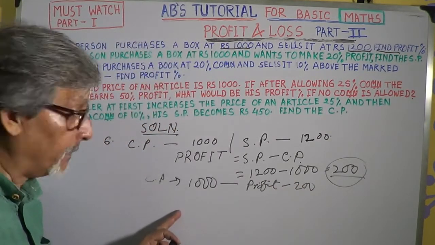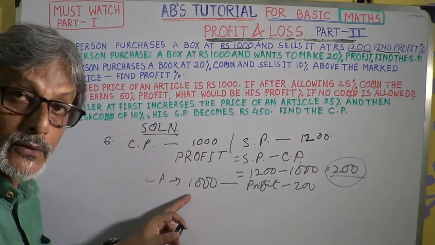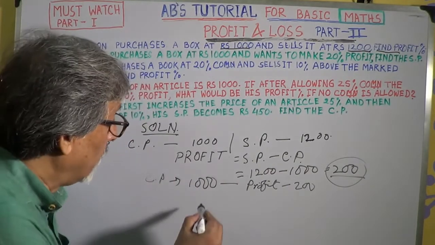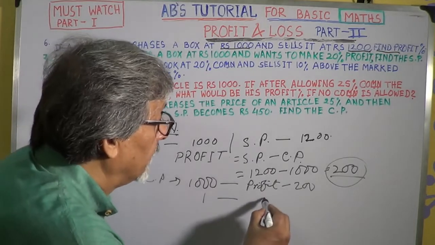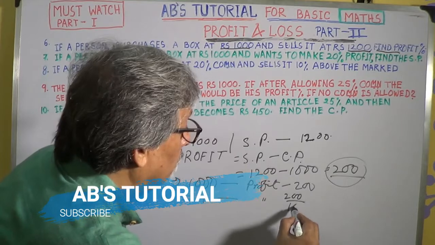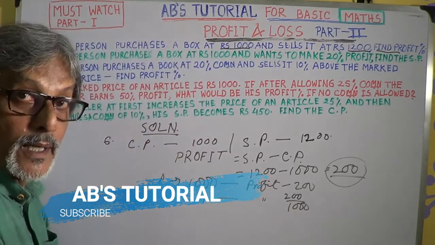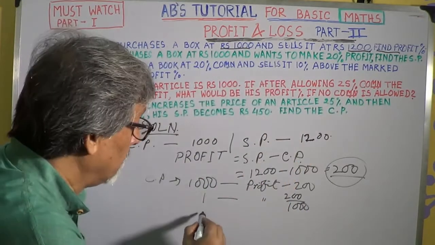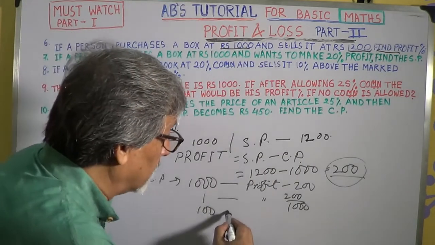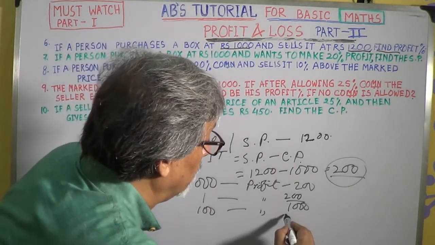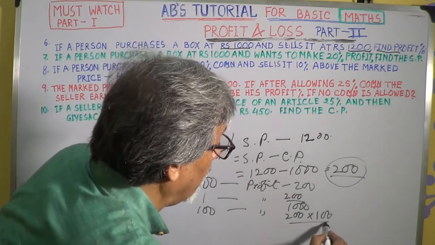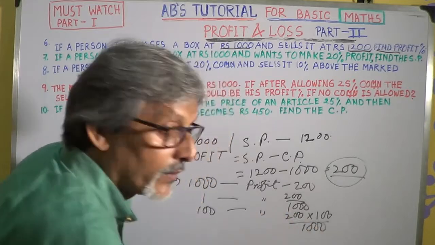The person has invested rupees 1000 and he has made a profit of rupees 200. So in case of rupees 1, it will be 200 by 1000, isn't it? And profit percent means out of 100 rupees, in terms of 100 rupees, we have to find out. So this will be 200 into 100 by 1000.